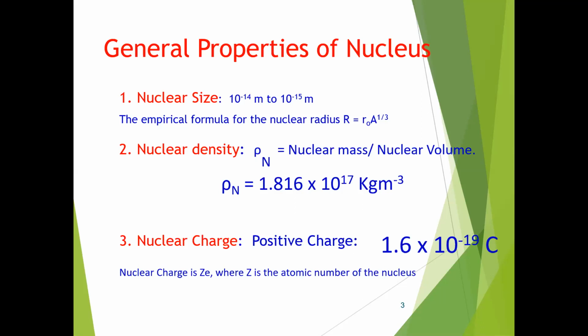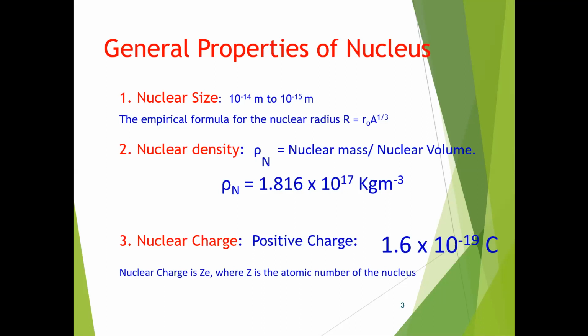So a nucleus has a positive charge equal to the proton charge, 1.6 × 10^-19 coulombs, times the proton number. If Z is the proton number, the total nucleus charge comes to Ze, where Z is the atomic number. The total charge of the nucleus equals the total charge of the protons, because neutrons have no charge.